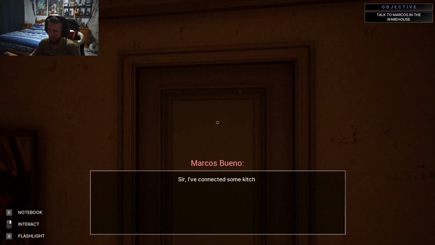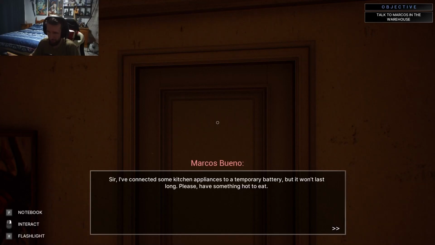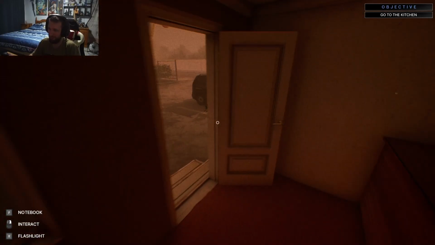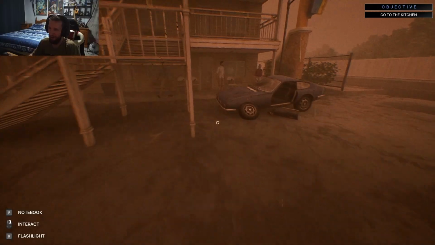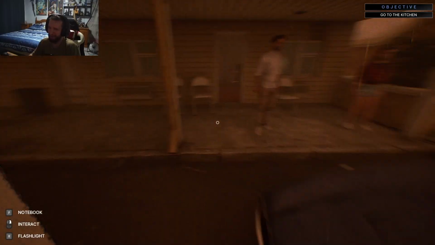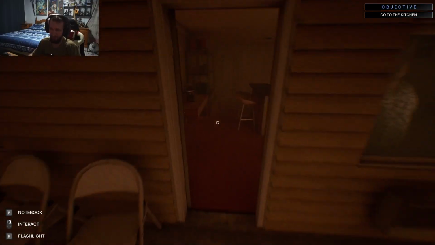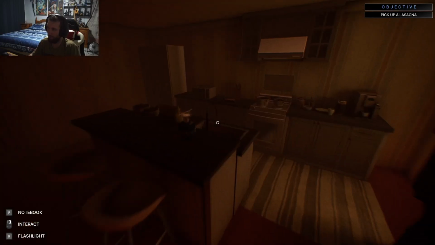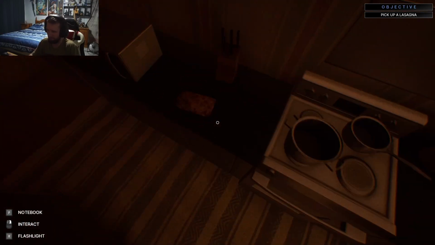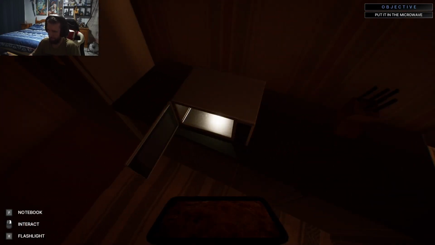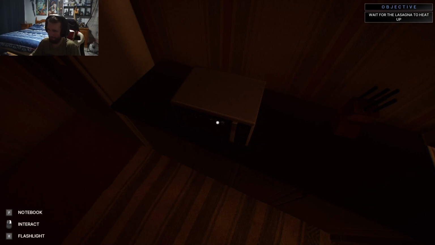So, I've connected some kitchen appliances to a temporary battery, but it won't last long. Please have something hot to eat. Okay, so he's plugged his things in to make food. Yeah. Well, he looks like he's heading back to his room. Okay, cool. So what do we make? Pick up the lasagna. Oh, you've got a microwave?